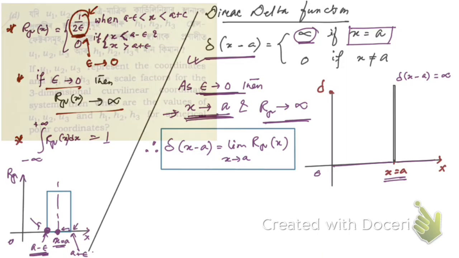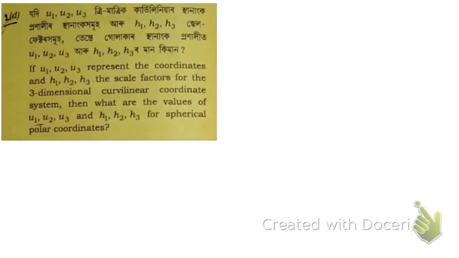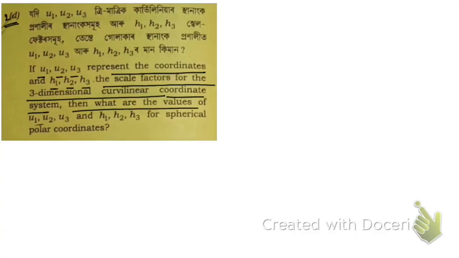Now let's move on to the next question, number 2D. If u1, u2, u3 represent the coordinates and h1, h2, h3 are the scale factors for the 3D curvilinear coordinate system, then what are the values of these three and these three for the spherical coordinate?